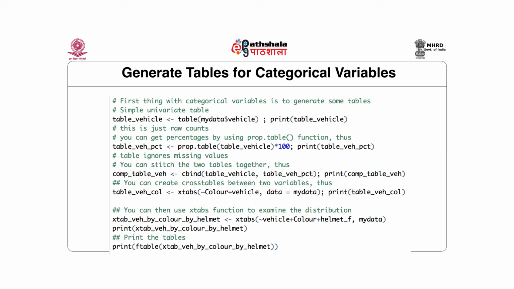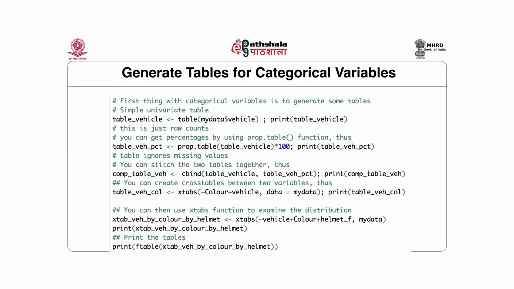So if you use table of a variable and then print that, you will get, and I leave that exercise to you rather than showing you this, but later on I may be showing you some of these things. If you then go ahead and run print table vehicle, you will see that this table is only going to give you the raw numbers of each level of the categorical variable vehicle.